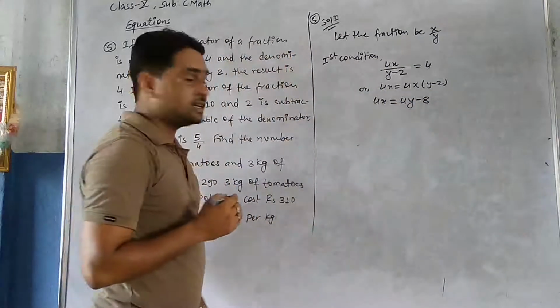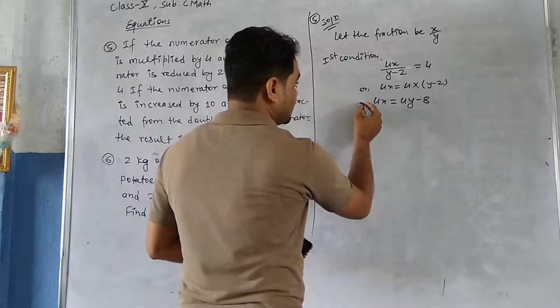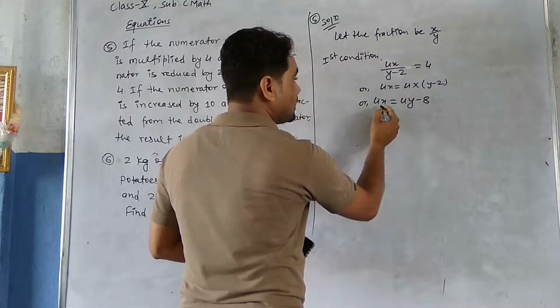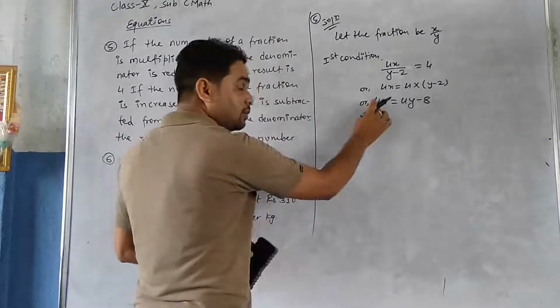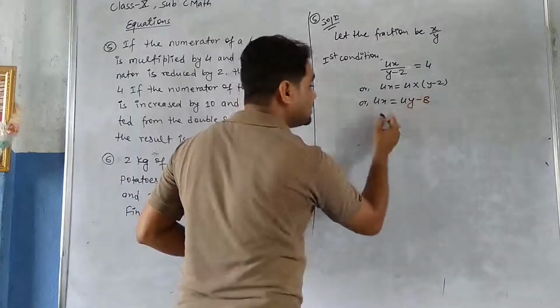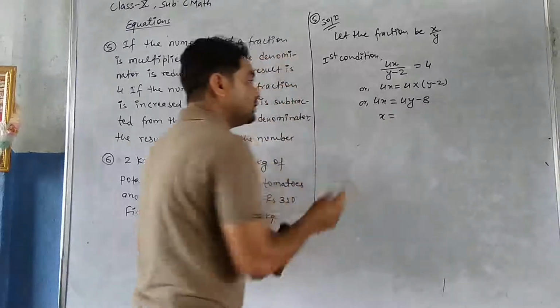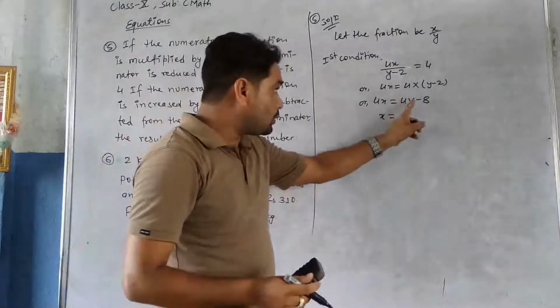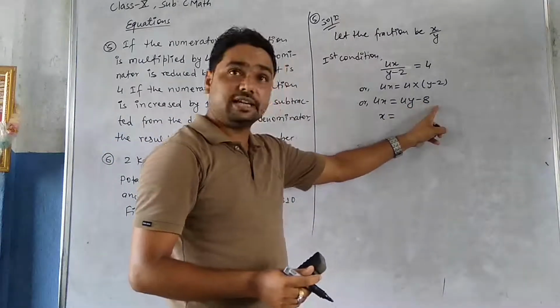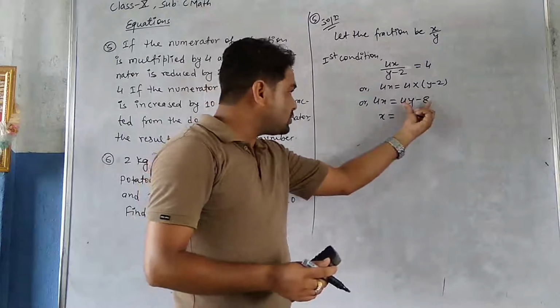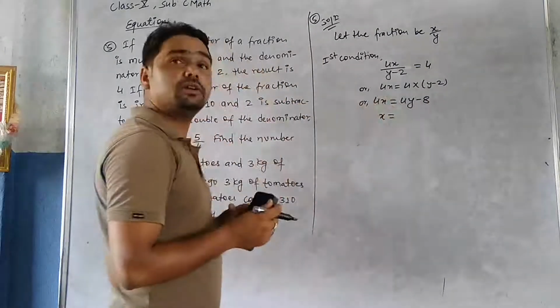We get this, yes or not? Similarly, 4 is multiplied here, so this side it becomes divide, x equals to 4y minus 8 upon 4. From these two terms we can take 4 as common.